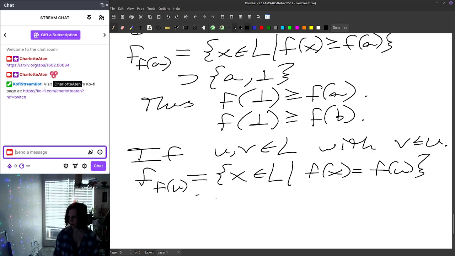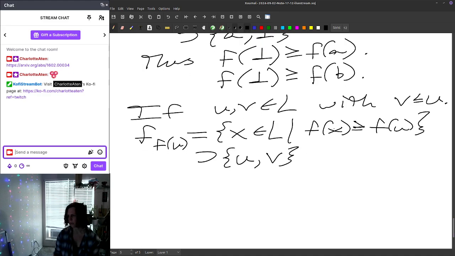That's going to have to contain u because f of u is greater than or equal to f of u. But that's supposed to be a principal downset, so it's got to contain at least u, so it certainly contains anything that's below it, like v. But then that means that f of v is greater than or equal to f of u.